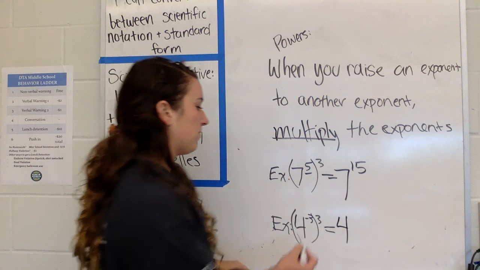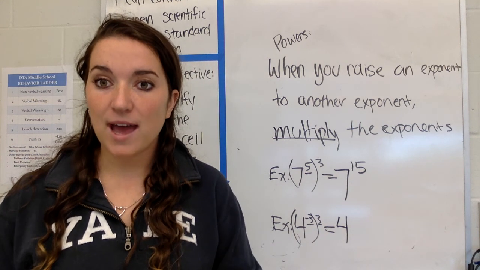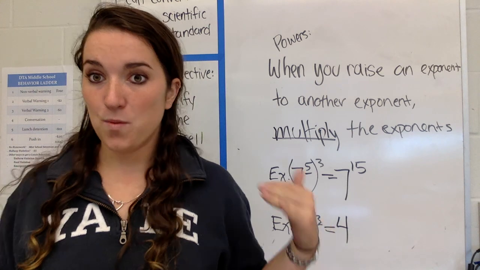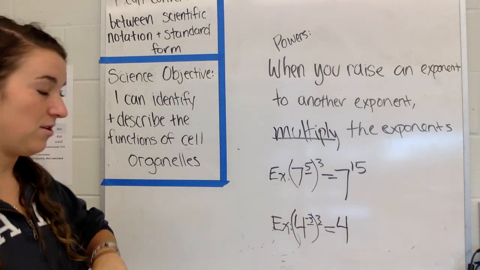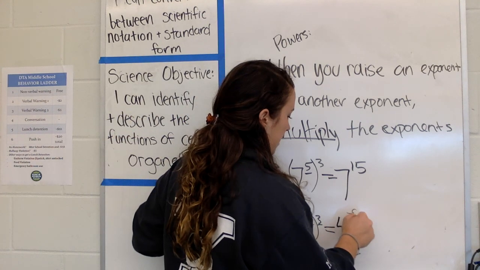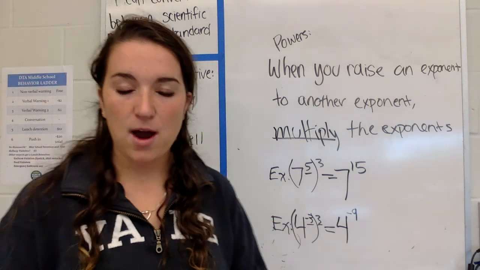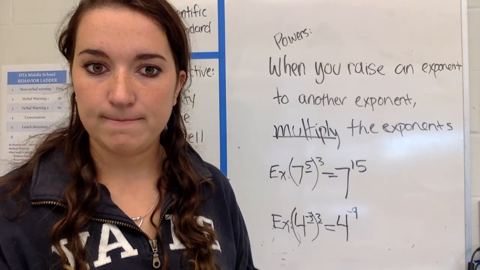I have negative 3 and 3. When you multiply a positive by a negative, what do you get? You get a negative. If you want to use a calculator to multiply these out, you can, just to check when we have integers. So I'll have 4 to the negative 9th power.